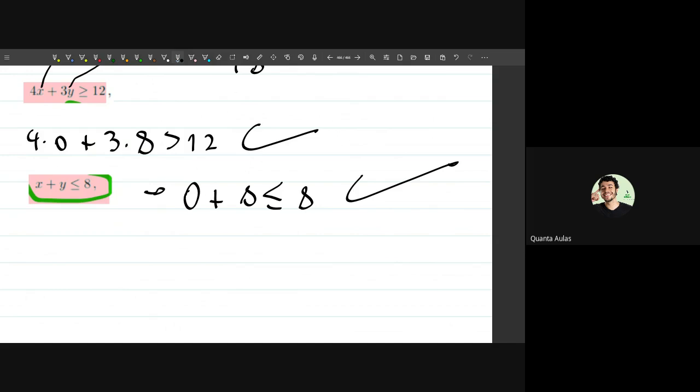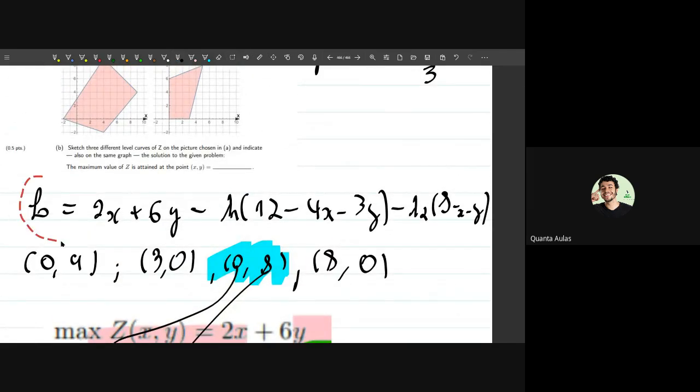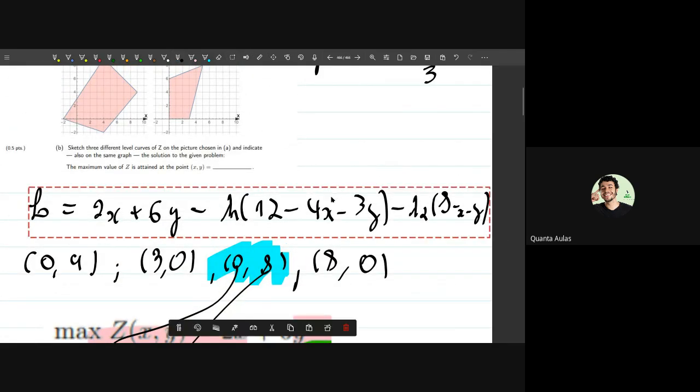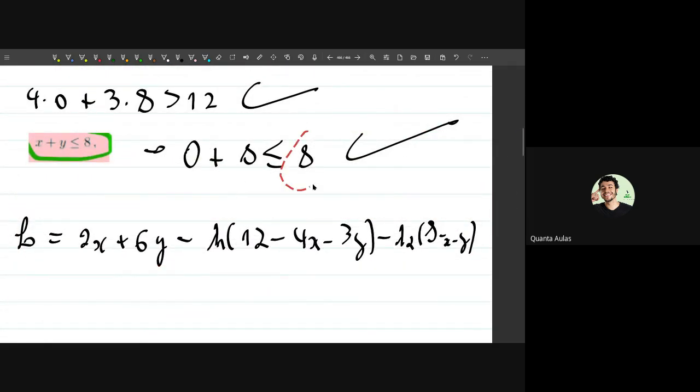Let's suppose this is enough for us, but we can do a Lagrangian thing if we want, okay? But now we don't have 2 Lagrangians, we have only one, because we know the real limit now is 8.